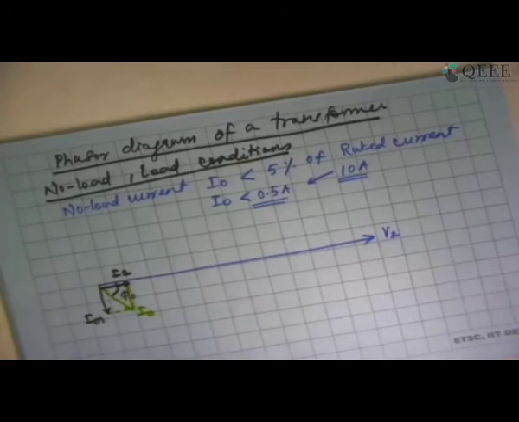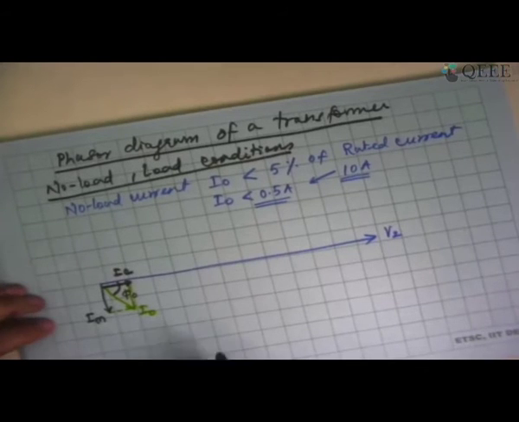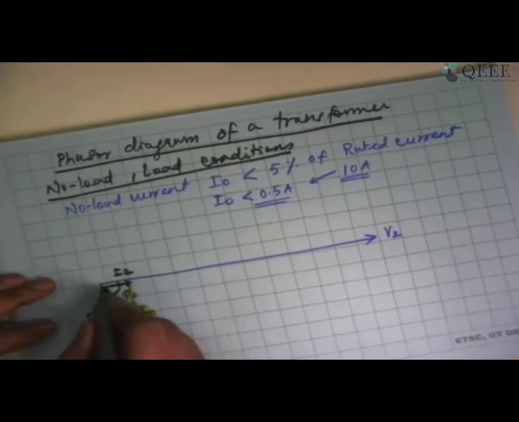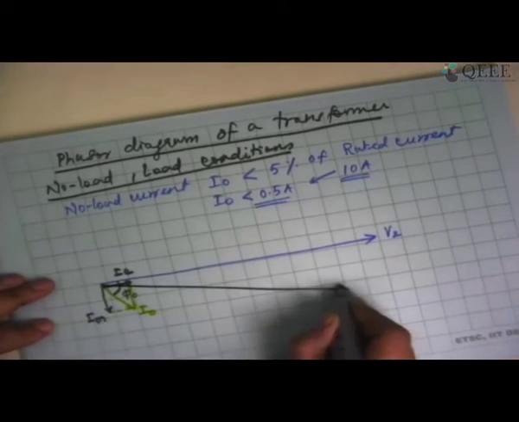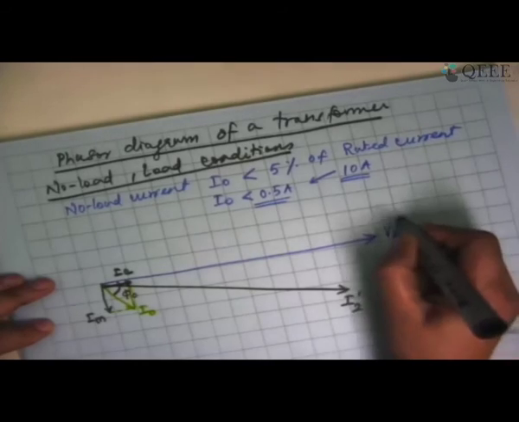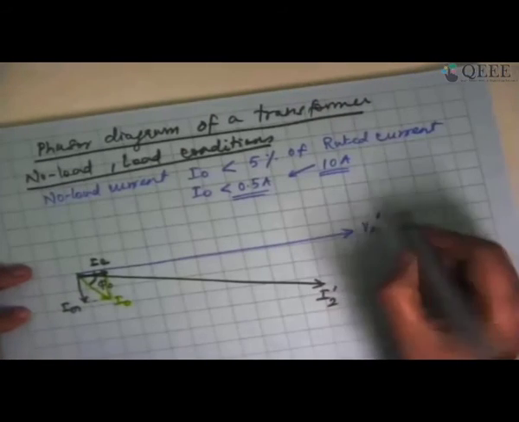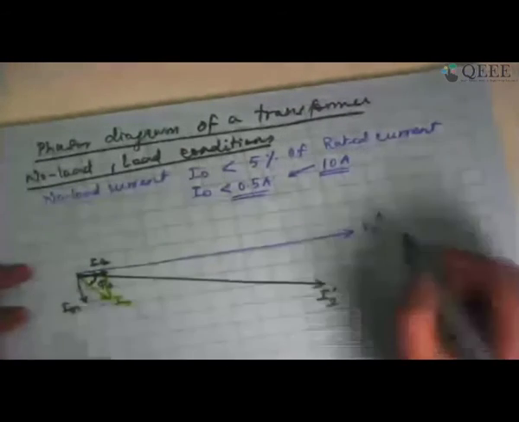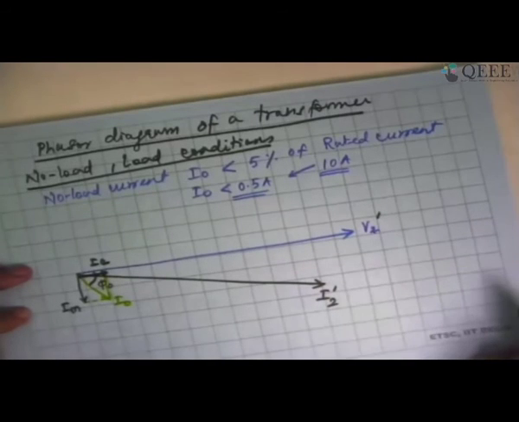Now, depending upon what kind of load I have connected, if it is an inductive load, for example, maybe my current will be like this. This is what is I2 dash. If I call this V2 dash, please note that I am drawing everything from the primary side. So this is V2 dash, this is I2 dash.